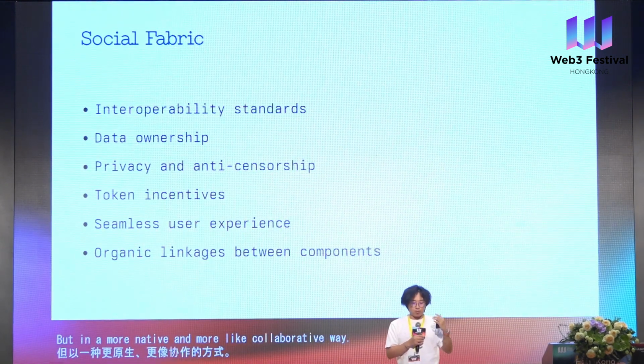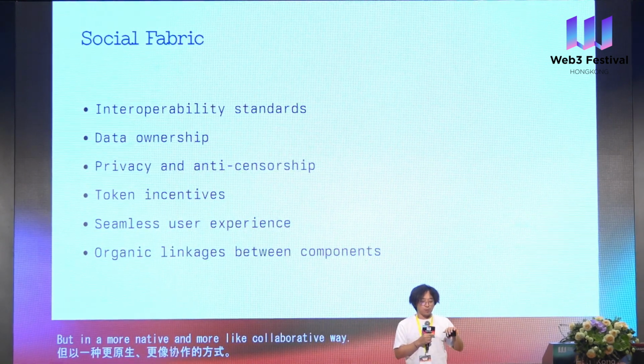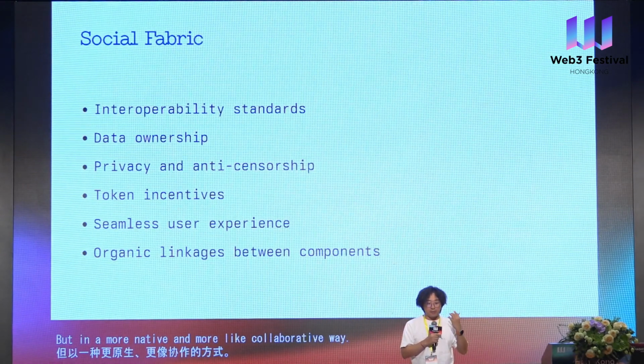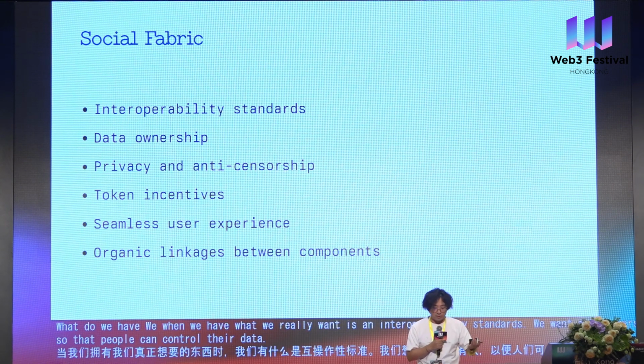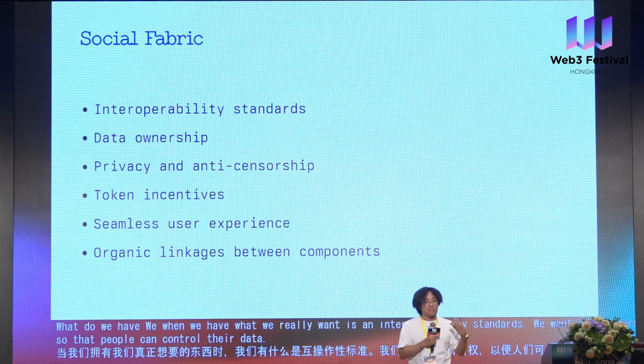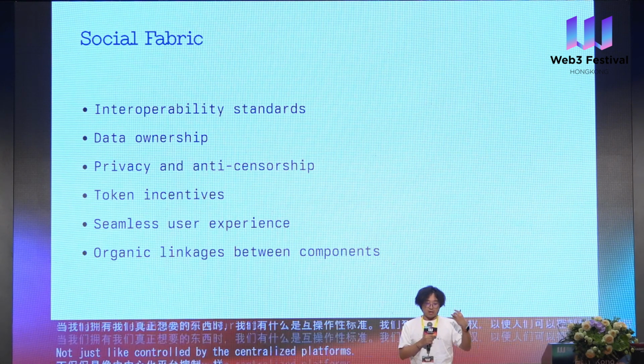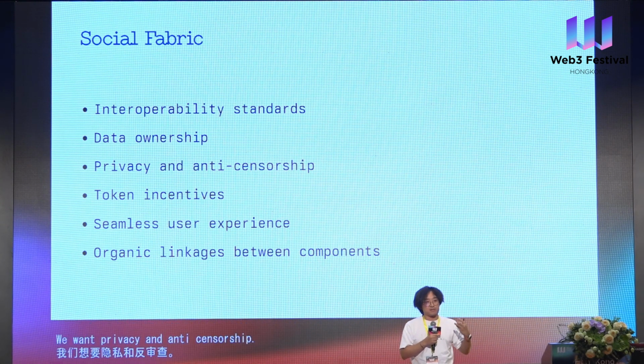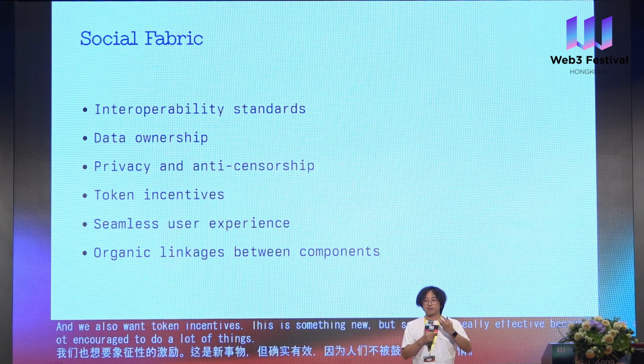What we really want is interoperability standards. We want data ownership so that people can control their data, not just have it controlled by centralized platforms. We want privacy and anti-censorship. And we also want token incentives. This is something new but really effective, because people are not encouraged to do a lot of things in the Web2 world, because everything is free.